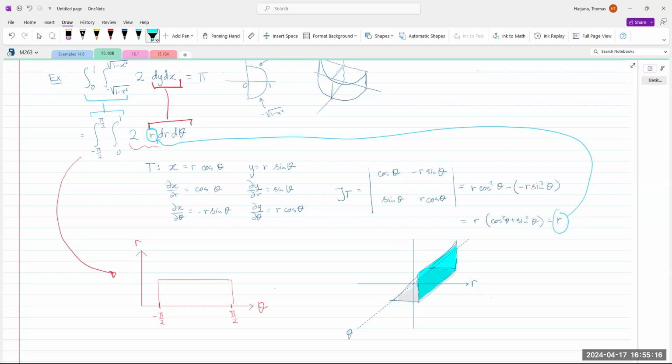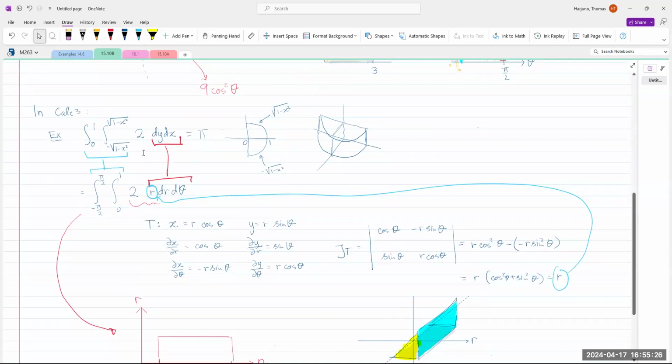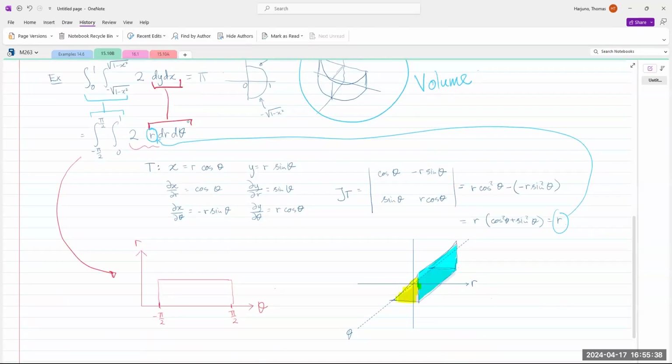Okay, and then this is the front wall. Imagine that. Now, the strange thing, maybe surprising for you, is that the volume of this one here is the same as the volume we have here.